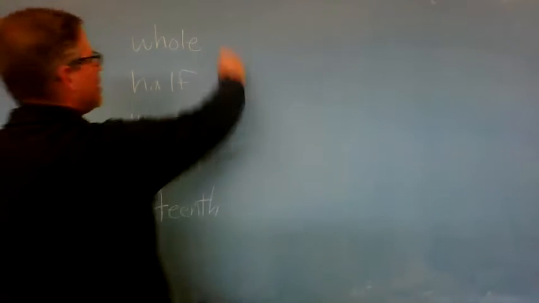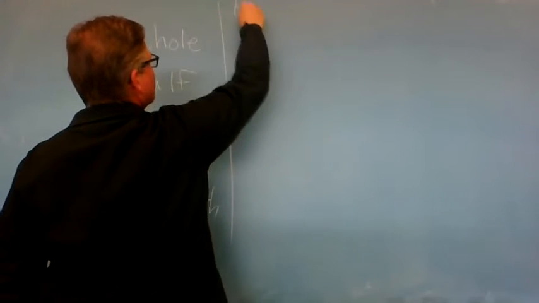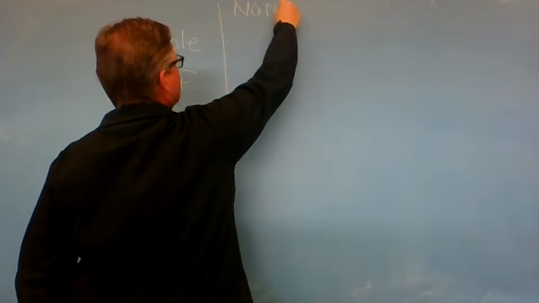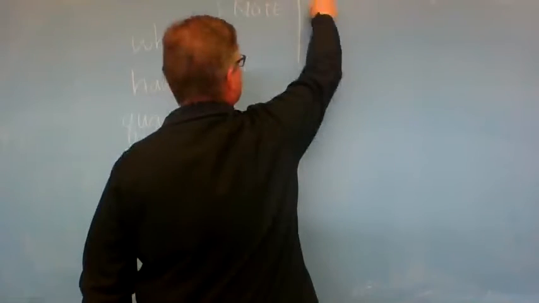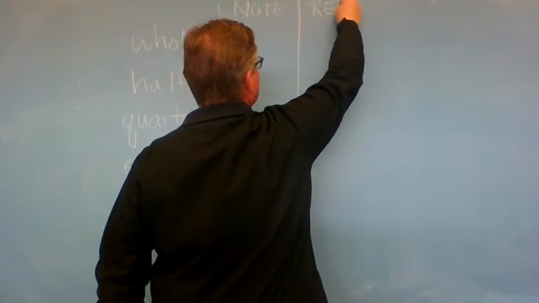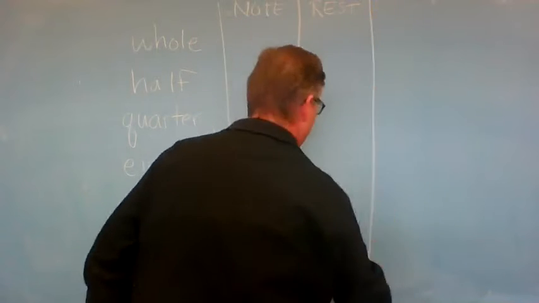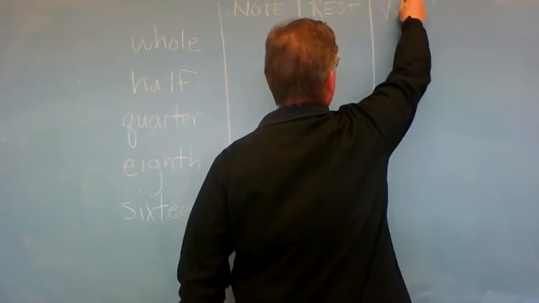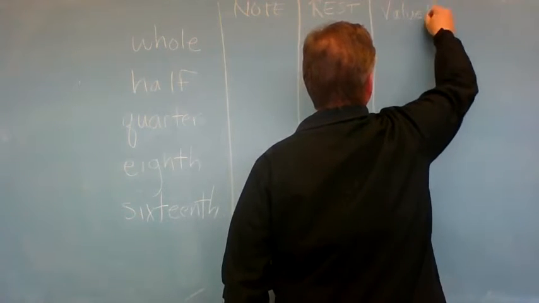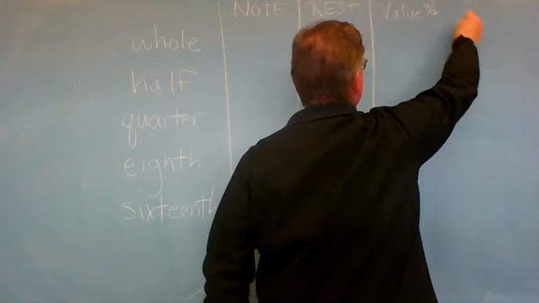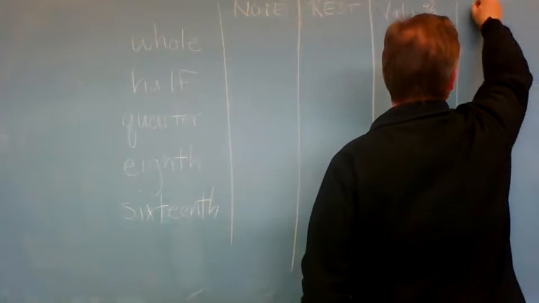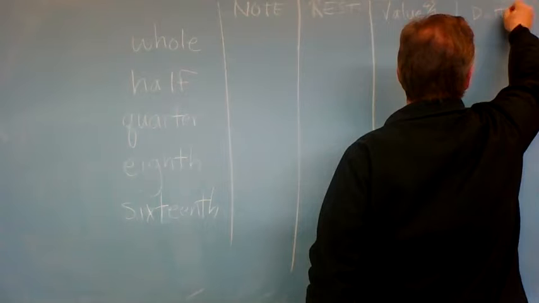We make columns for the note, the rest, the value in 4/4 time, and then the dotted value.